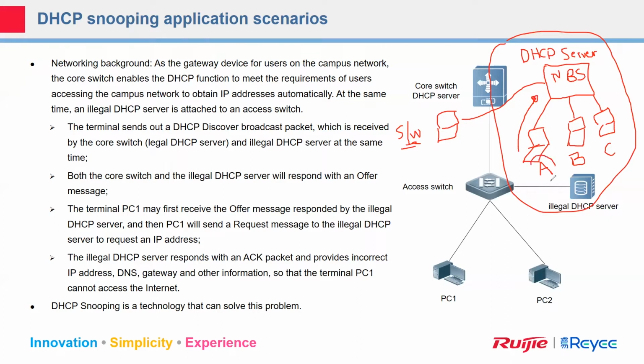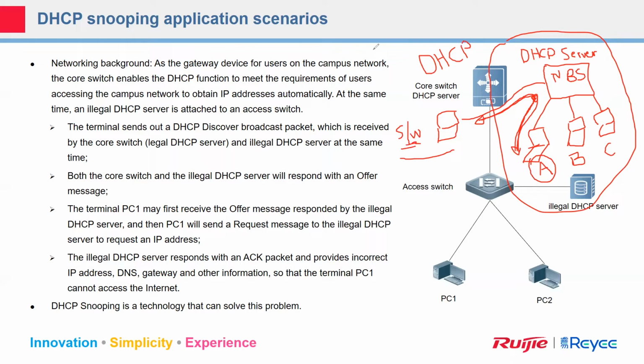So if user A wants an IP address, the traffic will go to the attacker, the bad user, and it will give an IP address that will affect the network. So you have to enable DHCP snooping in the DHCP scenarios. Okay, and we will check how you configure DHCP snooping in such a situation.